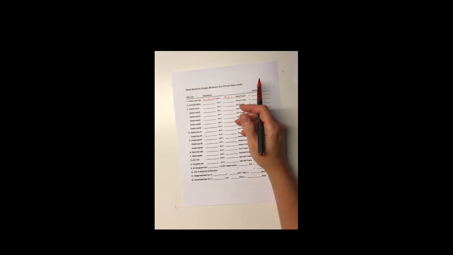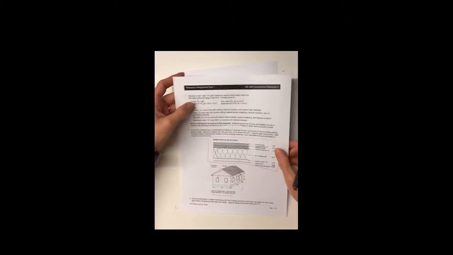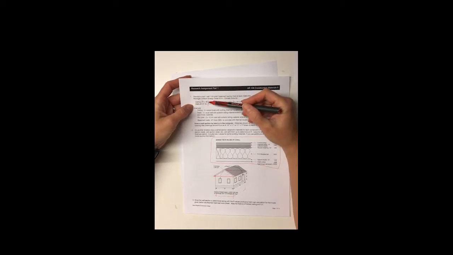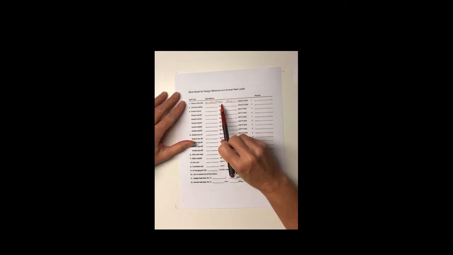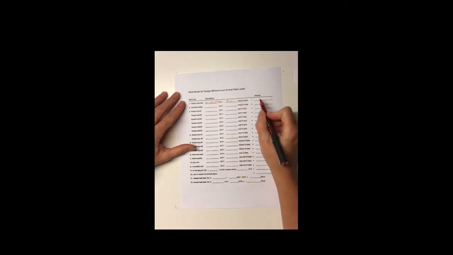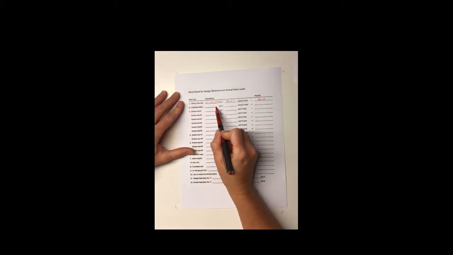Because in the first part of the assignment, we know we're targeting an R value of 38. So you will plug in whatever value you calculate for that space. You take the area, divide it by that number, and then you're going to get a value. And then, unless you did a cathedral ceiling, we can cross that out.